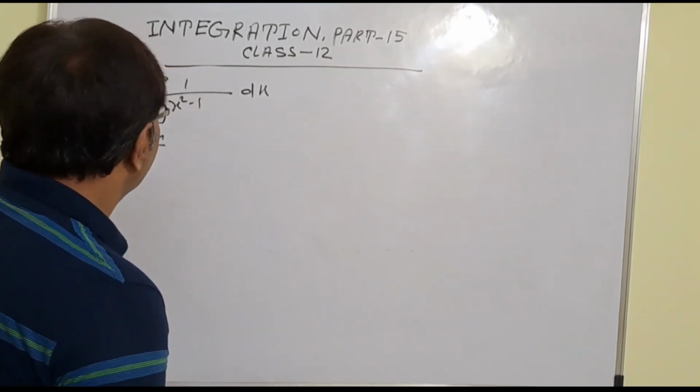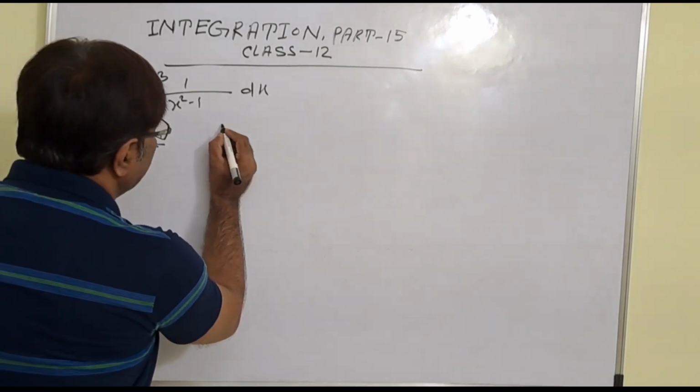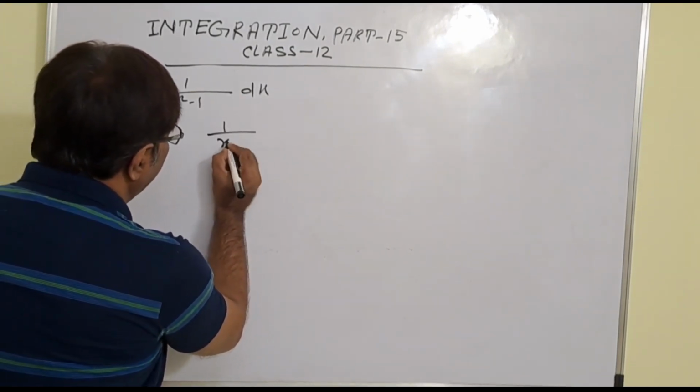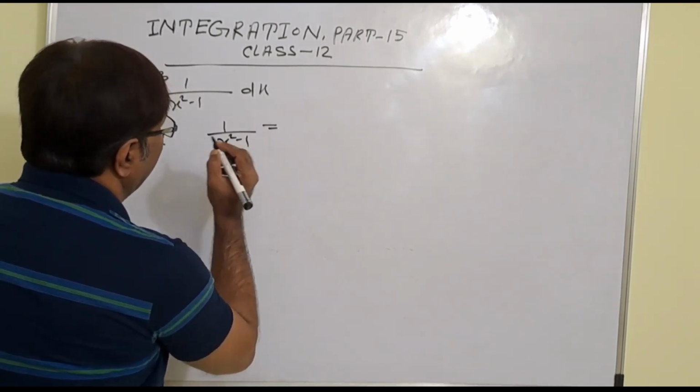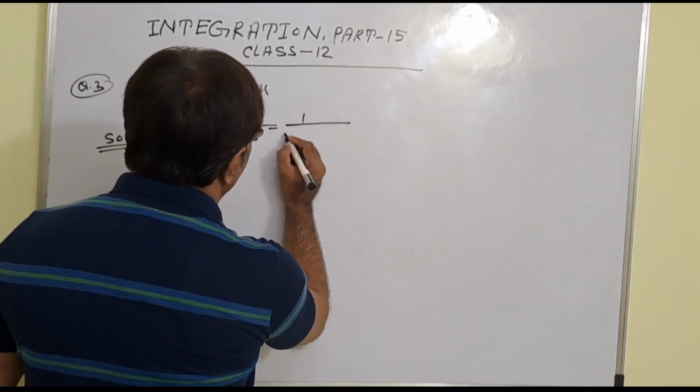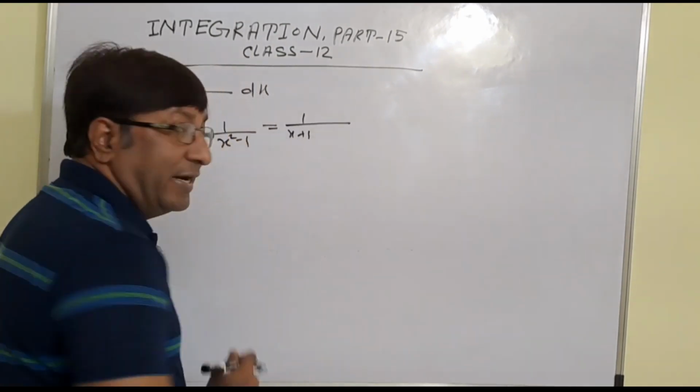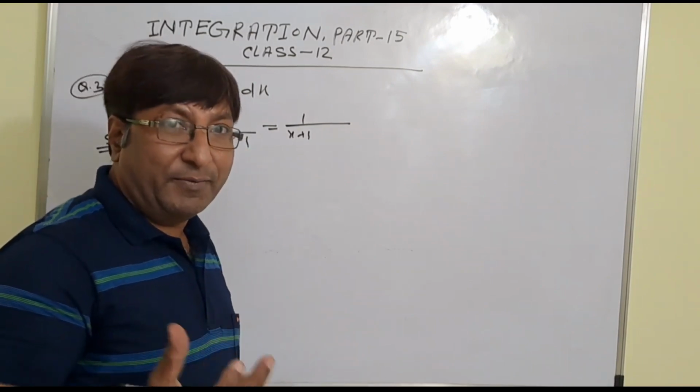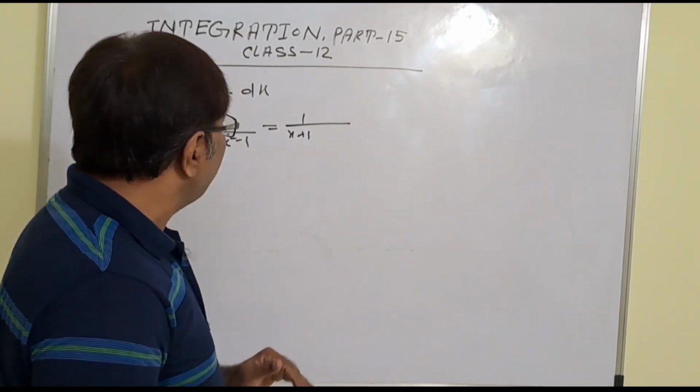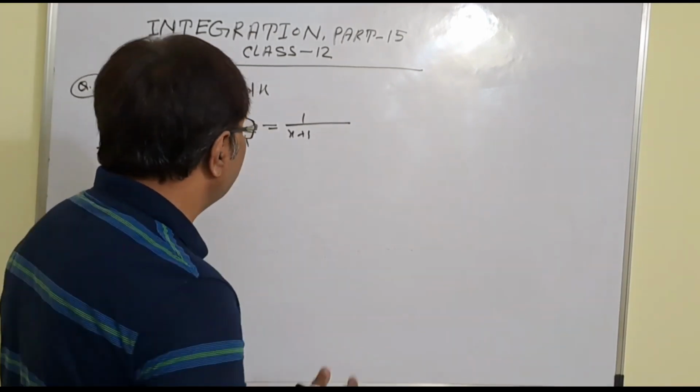So let us see. First we are solving this expression 1 upon x square minus 1. We can write 1 upon a square minus b square, you know, a plus b, a minus b. So x square minus 1 means x plus 1 into x minus 1.